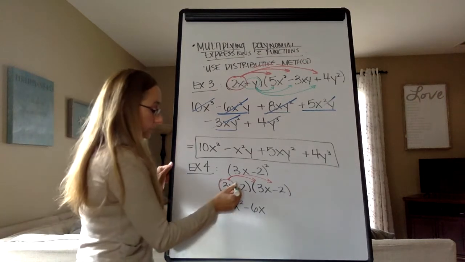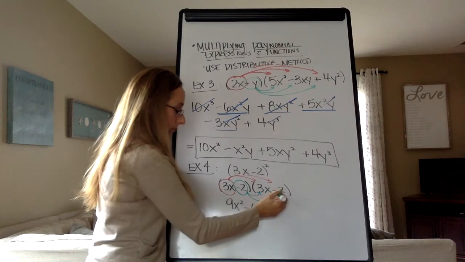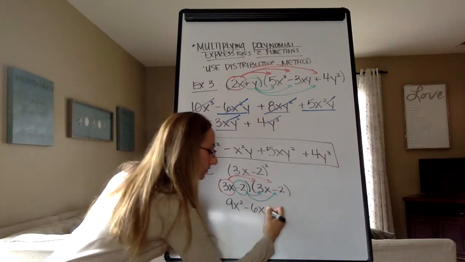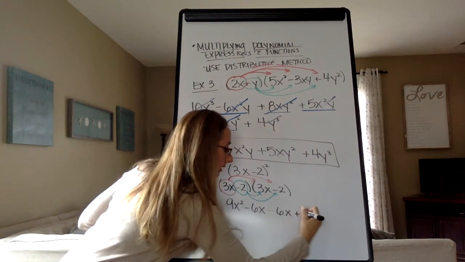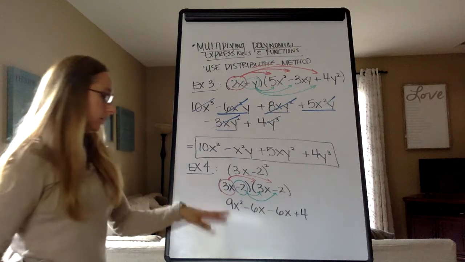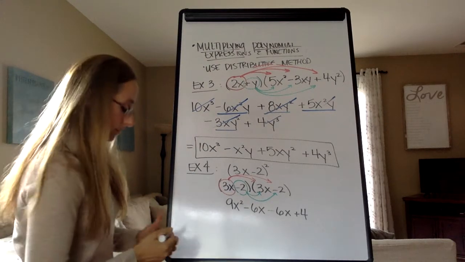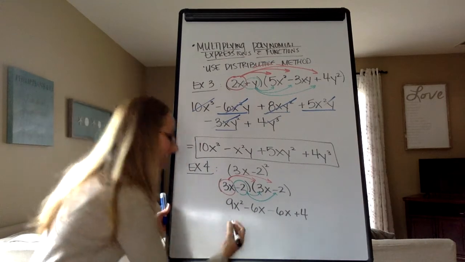Then we'll take that minus 2 and distribute it to both terms in the second polynomial. So negative 2 times 3x is minus 6x. Negative 2 times negative 2 is plus 4. Okay, now go ahead and combine like terms. So we have minus 6x and minus 6x, but hold up. Let's go ahead and go from left to right. So we have 9x squared.